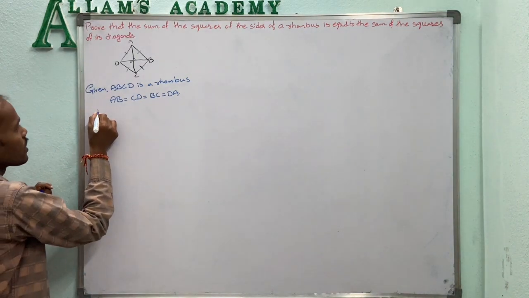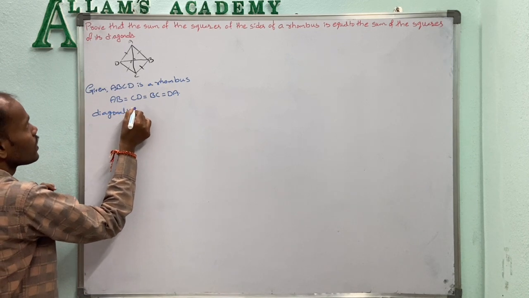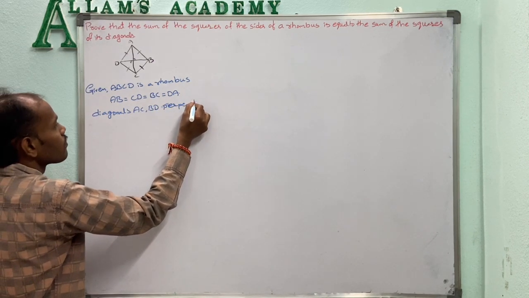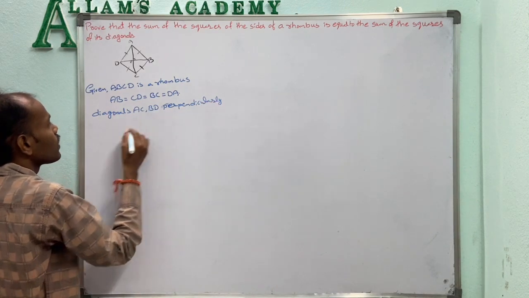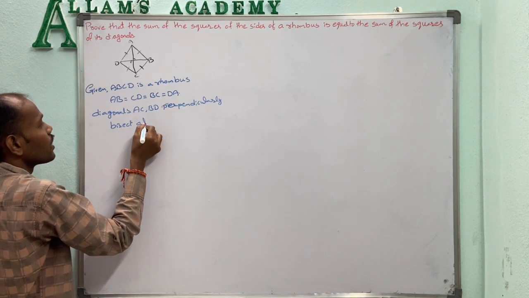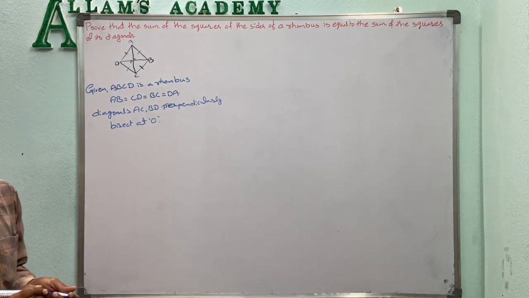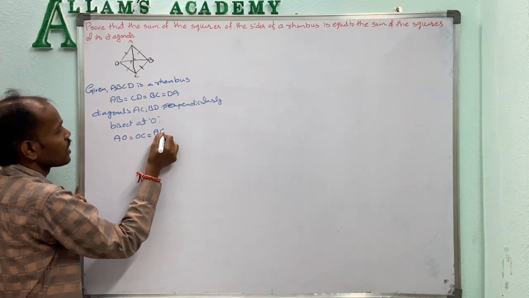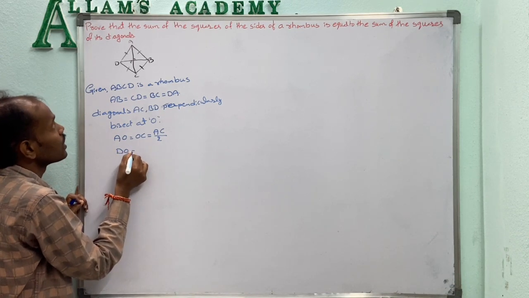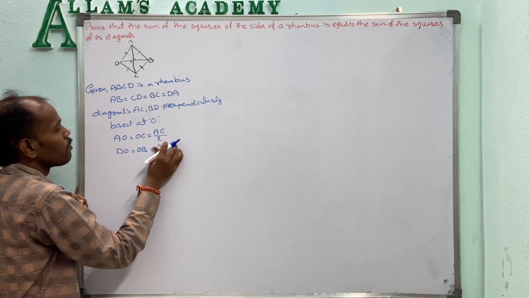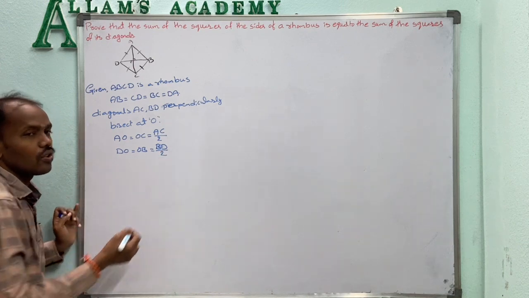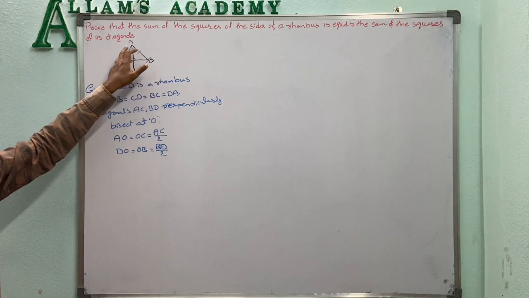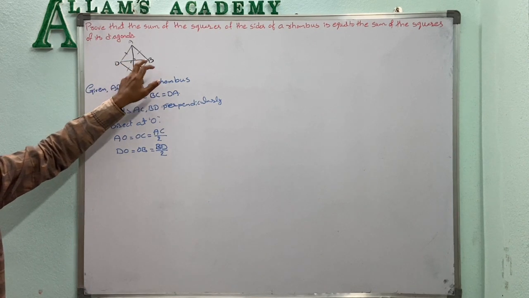Next, diagonals AC and BD perpendicularly bisect at O. So now we can take AO equal to OC, that equals AC by 2, and DO equal to OB, that equals BD by 2.